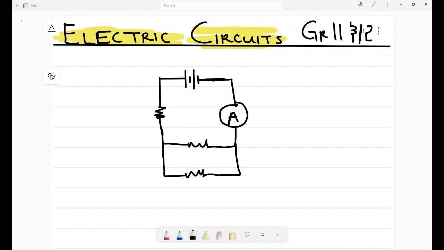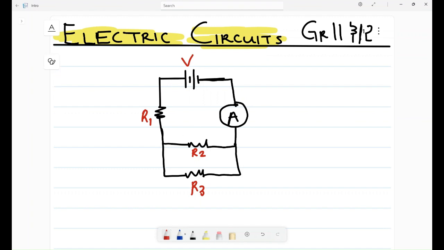Remember, they can use a resistor like this, but normally they prefer using this and naming it R. For now, please bear with me when I use this one. So I'm going to call this resistor 1, resistor 2, and resistor 3. For now, this I'm going to call V.